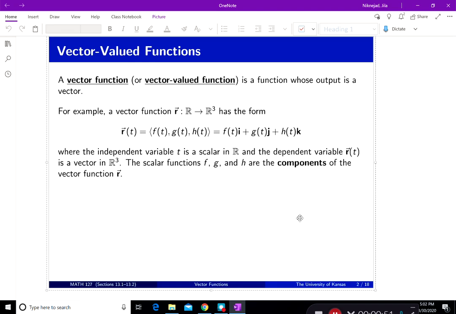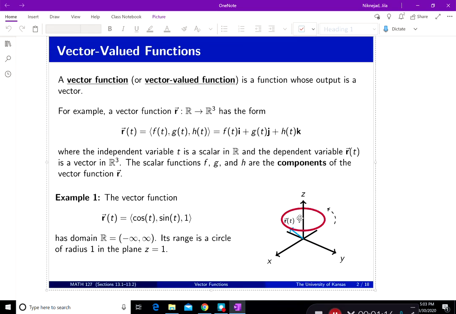That's the i component is f of t, the j component is g of t, and the k component is h of t, where the independent variable t is the scalar in R, and the dependent variable r of t is a vector in R3. The scalar functions f, g, and h are the components of the vector.